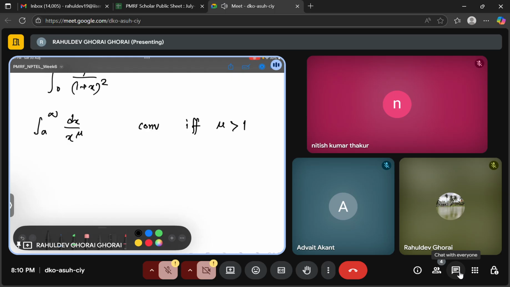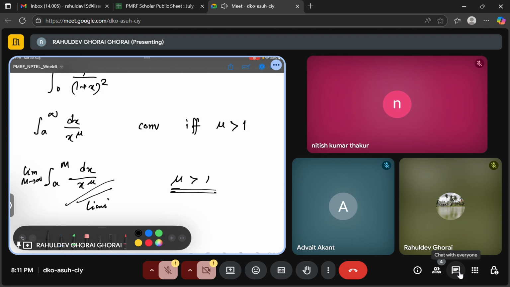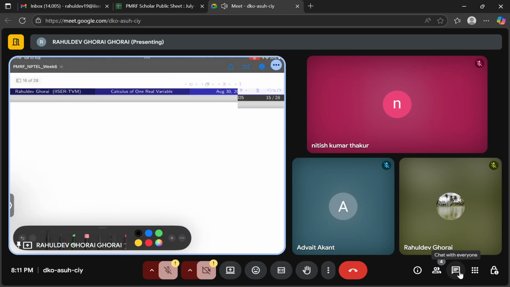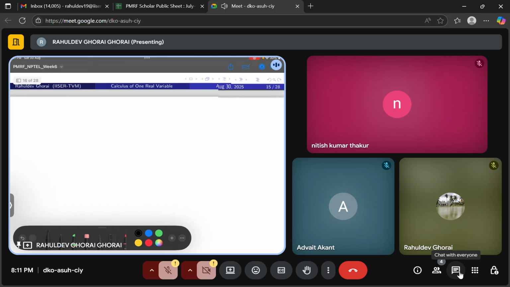This is okay, right? I'll proceed then. Mainly what I'm saying is, this integral from a to m of 1 over x to the power mu, you find the limit as m tends to infinity. You will see that only when mu is greater than 1, this limit exists. This is very easy to check. We have done many things, so it will be very easy for you.